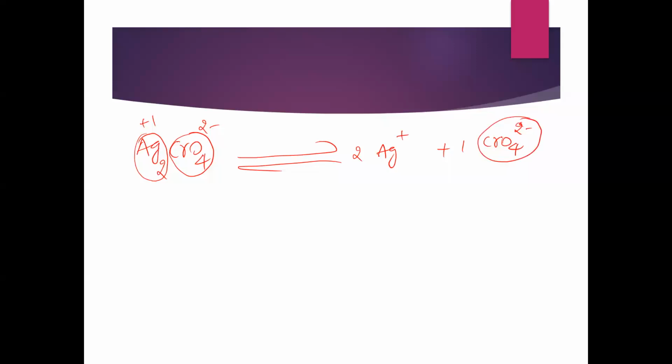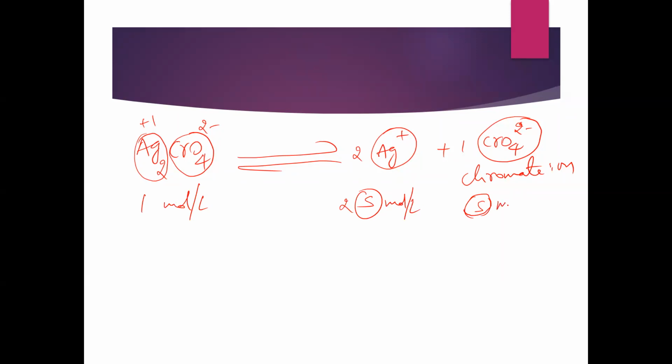CrO4 2- is nothing but the chromate ion. Now, as per yesterday's concept, suppose we take 1 mole per liter initially, it will give S, and here 2S will be forming. So Ag+ is 2S moles per liter, and chromate is S moles per liter.